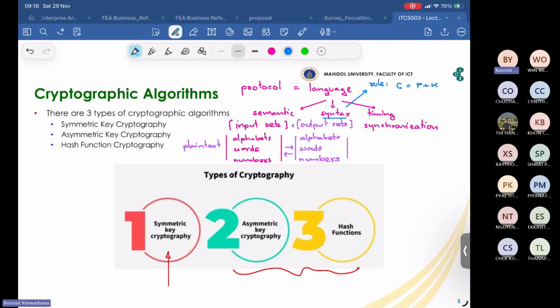But the rule can be anything. And then we have the synchronization. For the synchronization, we need to know the timing, how the encoder and the decryptor, or the sender and the receiver, respond to each other. So who creates first, who encrypts first, and who decrypts later, for example.